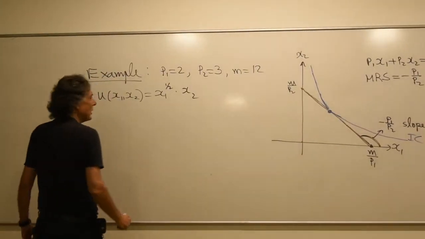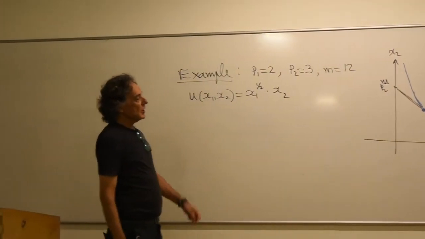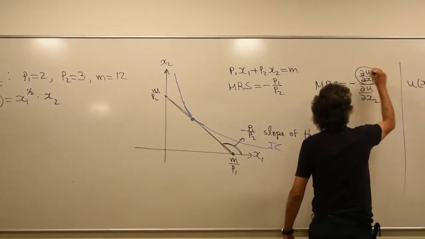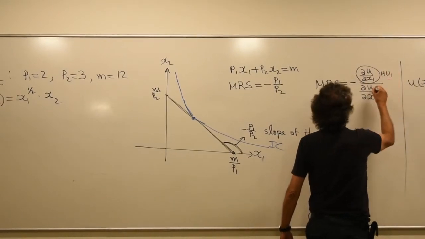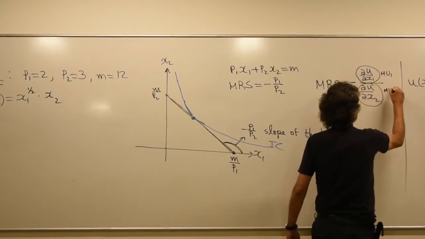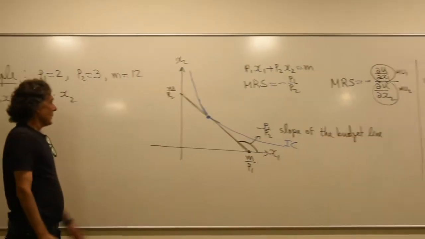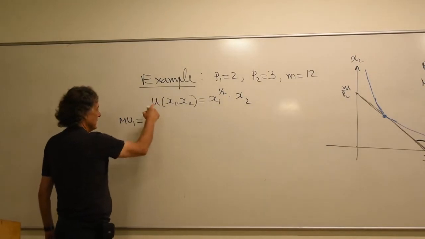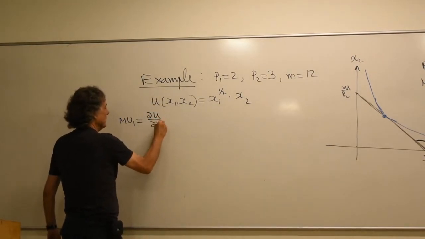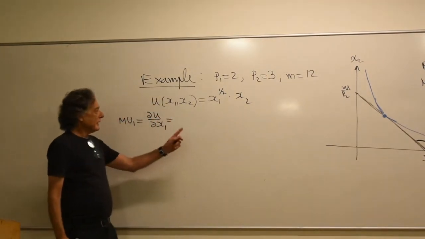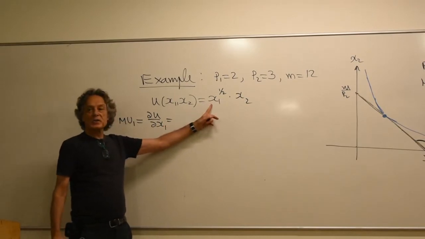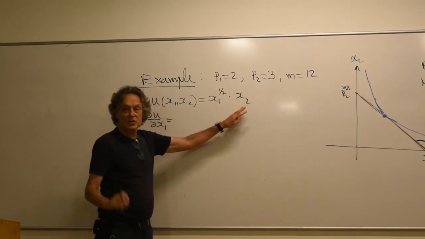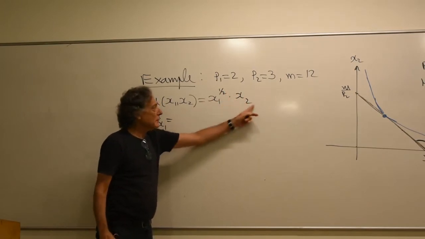Okay, so let me find out what the marginal utility is. We called it mu1, and this was mu2. So mu1 is du/dx1. If I take a derivative with respect to x1, then x2 is like a constant. I just vary x1. So I'll keep x2.